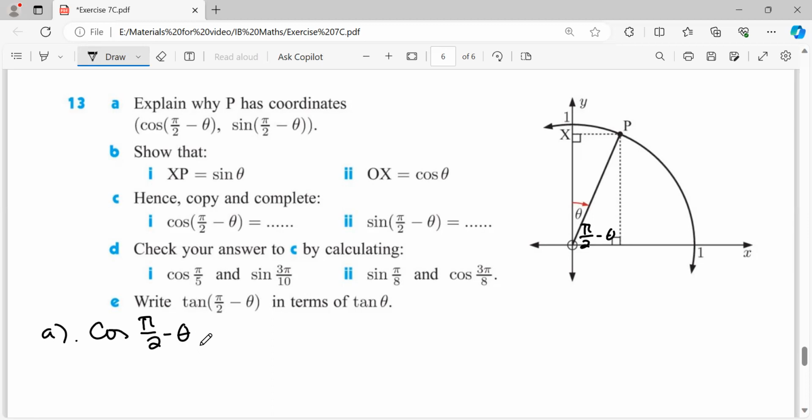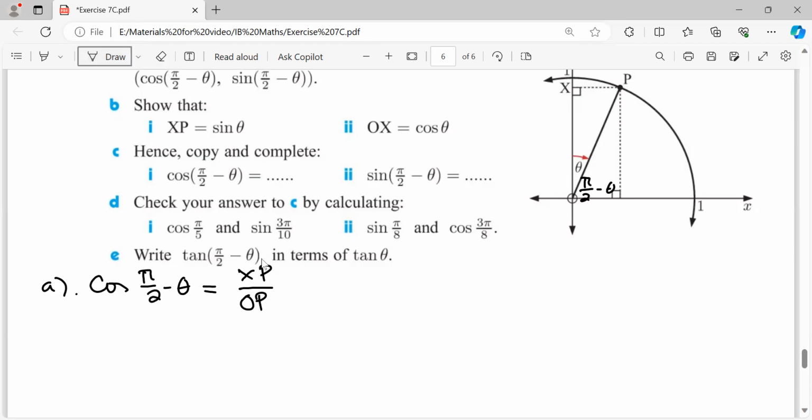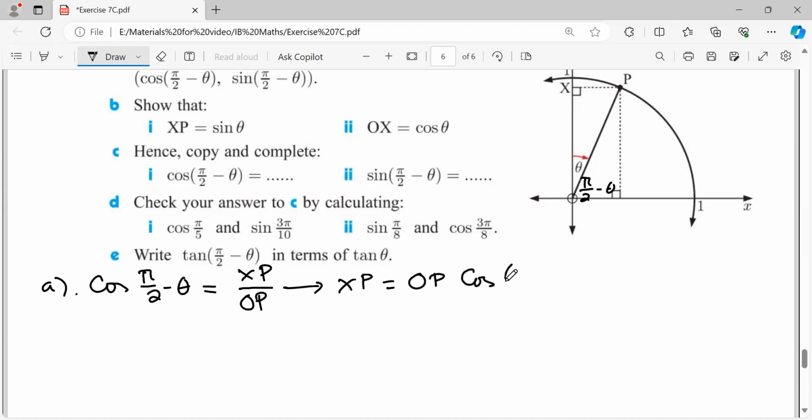So cosine of pi over 2 minus theta equals XP over OP. Look at this figure. So XP equals OP times cos of pi over 2 minus theta.